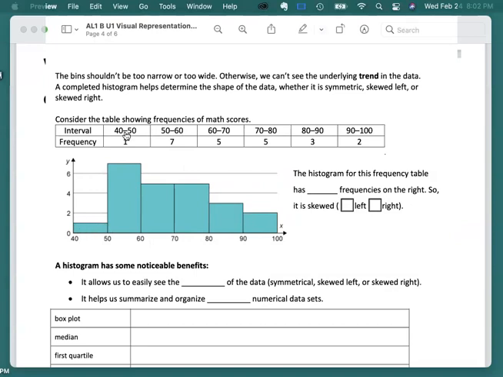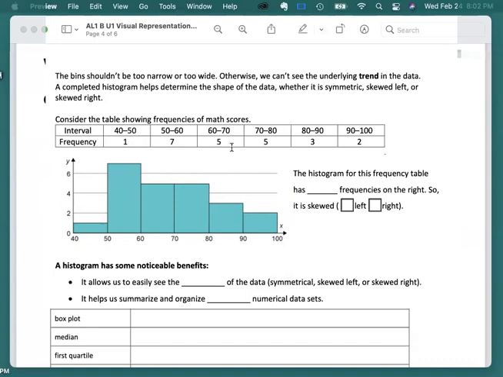So if we look at the interval between 40 and 50, if somebody scored between a 40 and 50, one person did, so it's listed as 1. And if you group the scores between 50 and 60, 7 people did. They need to study their math a bit more. So this is 7, this grouping right here.